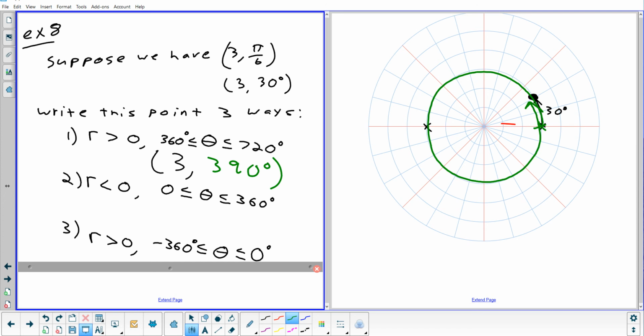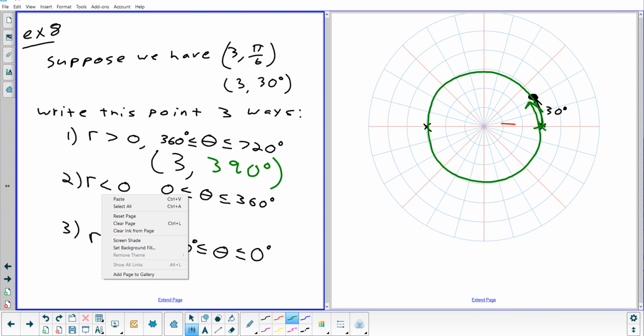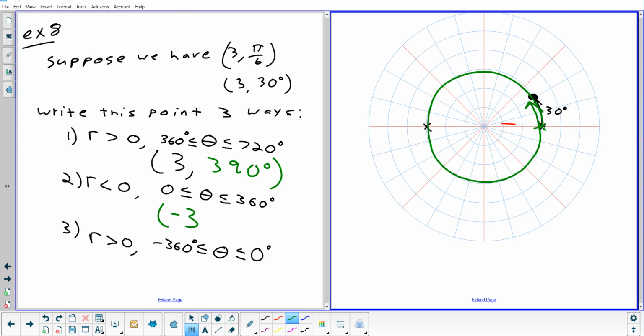Okay, next one. They want the radius to be less than 0. That means they want it to be a negative number. So if the radius is going to be negative, it's got to be negative 3. Okay, let's erase this. There's my original point. And you're starting from the x. The angle is positive.